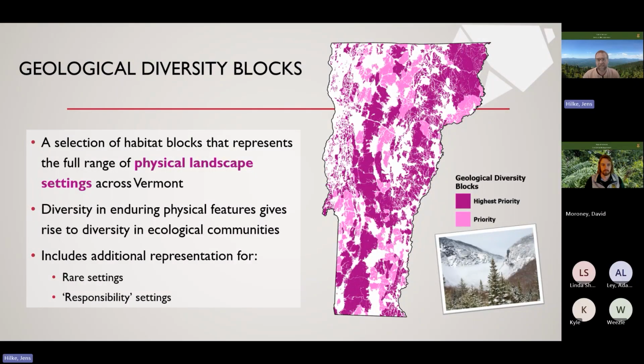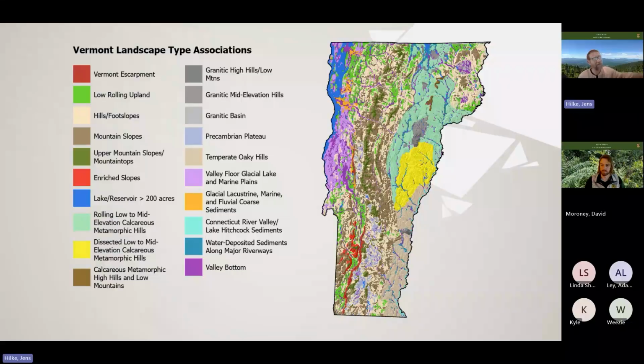So let me just give you a sense of this input data. We looked at land type associations across the state and figured out their relative representativeness, and then ensured that that same level of representation was included in the final design. There's a lot to say here, but I did just want to mention that this is where we get climate resilience.